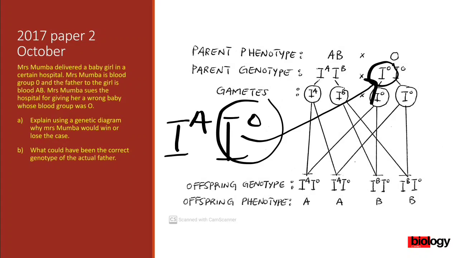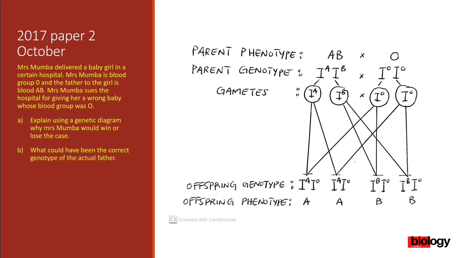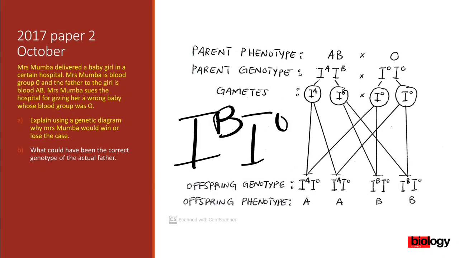Are you following? Likewise, if this father was blood group B heterozygous, again, this allele for O can cross with one of the alleles for Mrs. Mumba, and we can have a child who is blood group O. Okay, so this is blood group B heterozygous, because we've got one allele which is dominant, another allele which is recessive, and that's heterozygous.